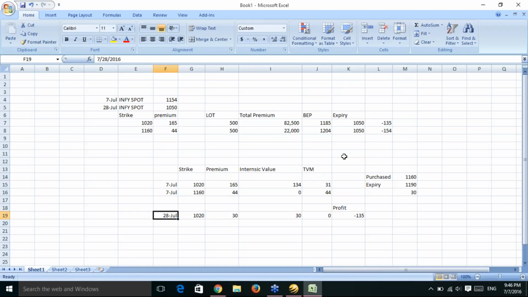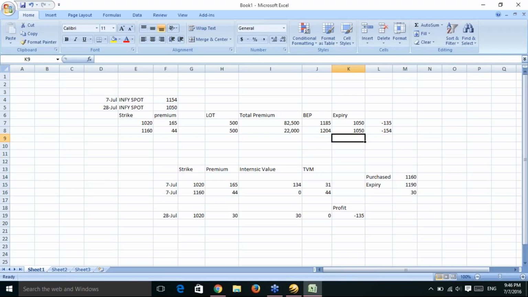So there would be some intrinsic value, that is 30 rupees. You paid 165, and 30 rupees is my intrinsic value, so this is my premium. Because time value is 0 on expiry, forget about time value. So I get 30 rupees premium when I sell it, and I paid 165, so my loss is 135.